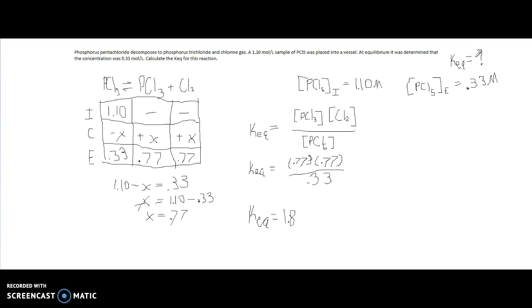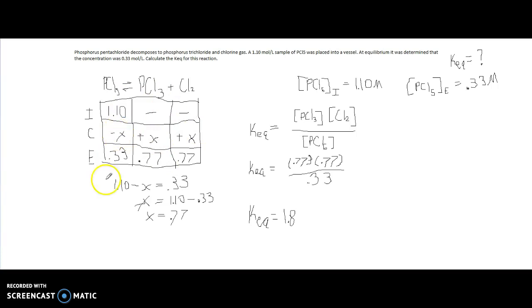So to do this, we have to use the ICE box. When you set up your ICE box, you have 1.10 under PCl5, and then there's nothing for PCl3 or Cl2 because they're products.